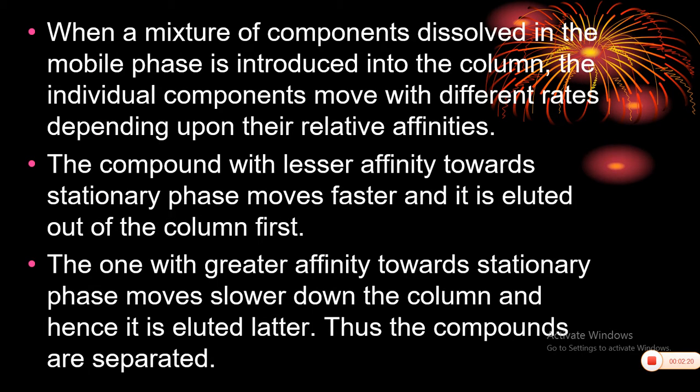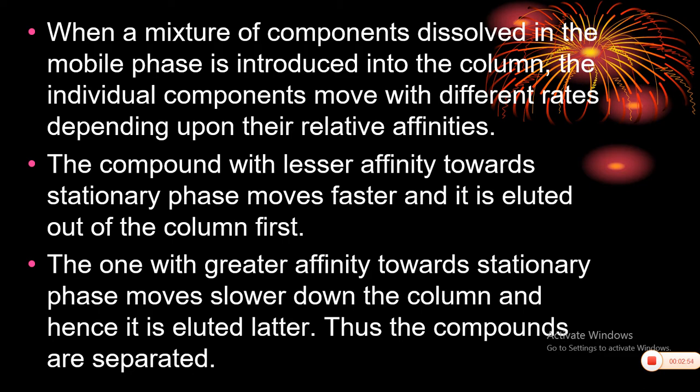When a mixture of components dissolved in the mobile phase or in an appropriate solvent is introduced into the column, the individual components move with different rates depending upon their relative affinities or relative adsorption coefficients. The compound with lesser affinity towards the stationary phase moves faster and is eluted out of the column first.